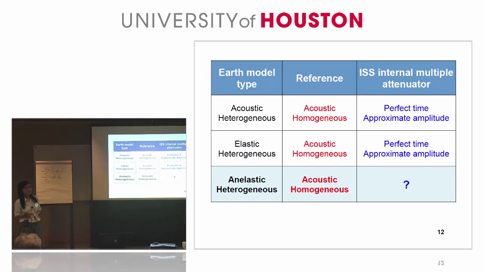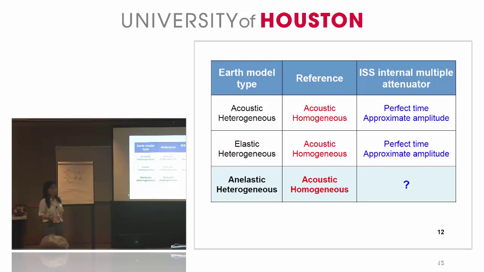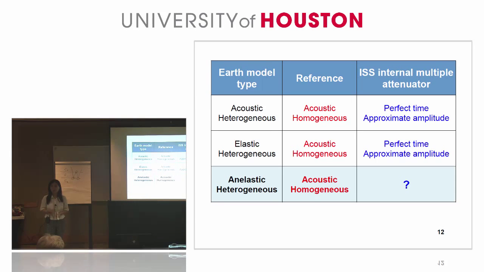And under this circumstance, you would like to have confidence that even in a world with absorption and dispersion, you don't need to specify all those properties. Just apply the ISS attenuation algorithm, and that algorithm will maintain its effectiveness, finish what it committed to, and give you the exact time and approximate amplitude. And I hope this talk can give you that confidence.